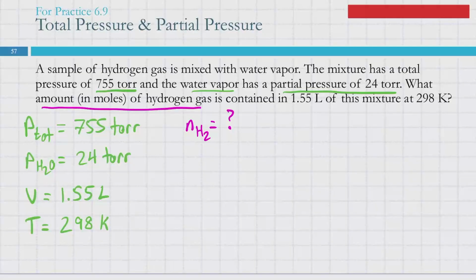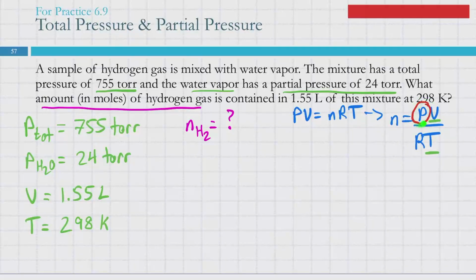So PV equals nRT might be able to get us to this number of moles. If we rearrange PV equals nRT, n is PV over RT. We have temperature, we have volume, we are missing pressure, and R is our gas constant, so we also have that.